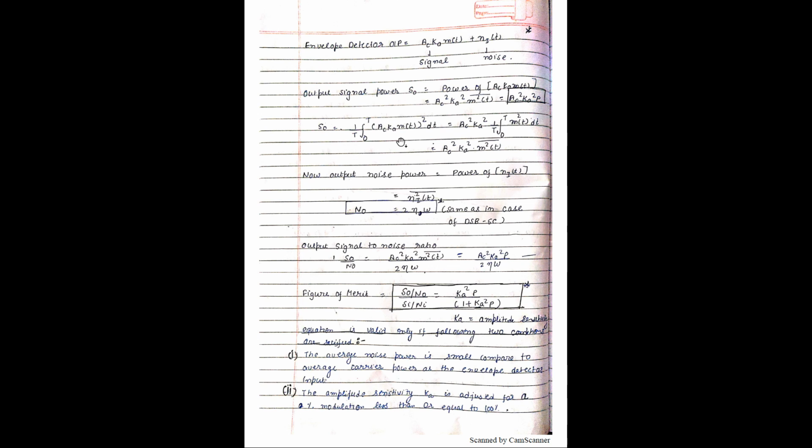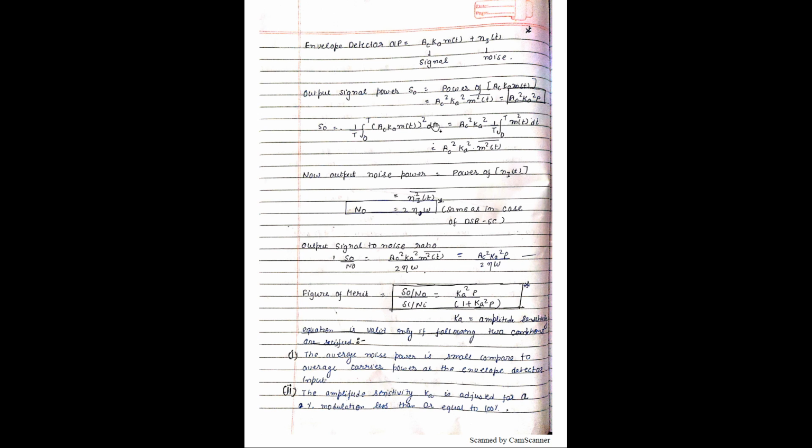What will be the power? This is the signal A_c into k into m(t). If we have signal x(t), what is the power? 1 upon T, limits of integration 0 to T, mod of x(t) square. In this case, x(t) is A_c into k into m(t). So the expression is 1 upon T, 0 to T, (A_c k m(t)) square dt.